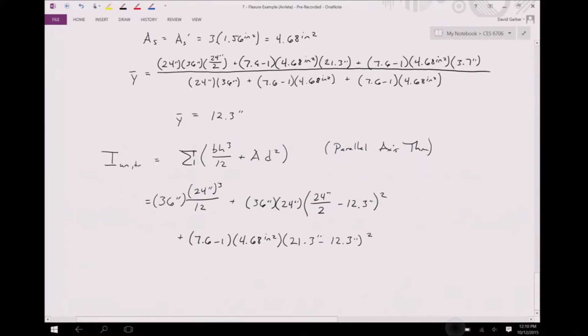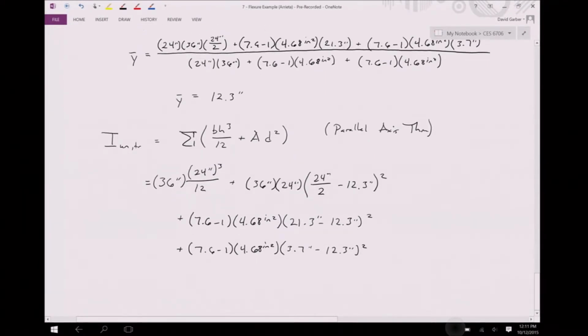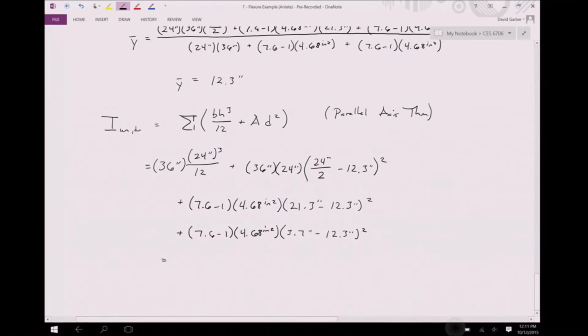And then we'll add our last steel layer, our compression steel. So 7.6 minus 1 times 4.68 times 3.7 minus 12.3 squared. So doing the math here, we'll find that our uncracked transformed is around 44,000 inches to the fourth.